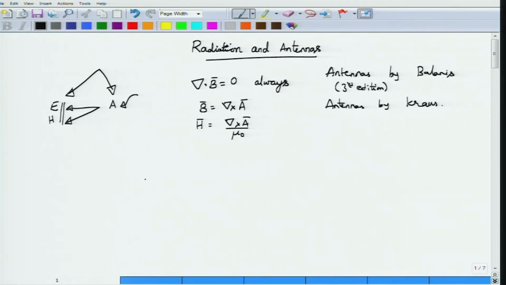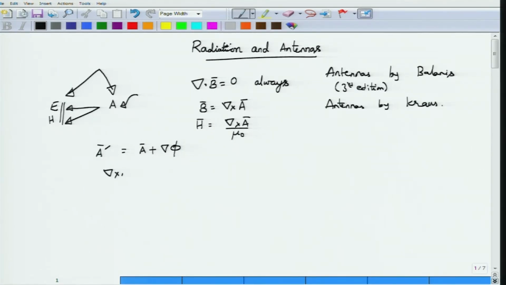Is this sufficient to completely characterize my H and A relationship? Unfortunately no, because consider what happens if I consider A prime. A prime is related to A by this particular operation. There is A, the magnetic vector potential that we have considered, to which we have added the gradient of some scalar function phi.